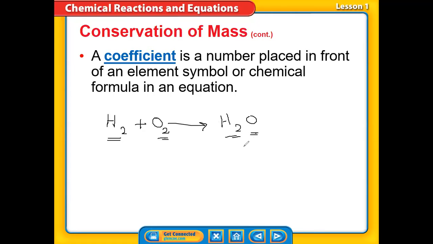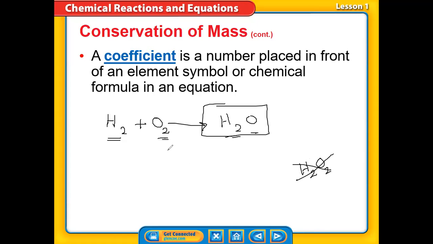No, because the subscript is part of the formula and never changes. Changing a subscript changes the identity. H2O is water, yes? But H2O2 is hydrogen peroxide, another chemical substance. So I cannot put 2 here.